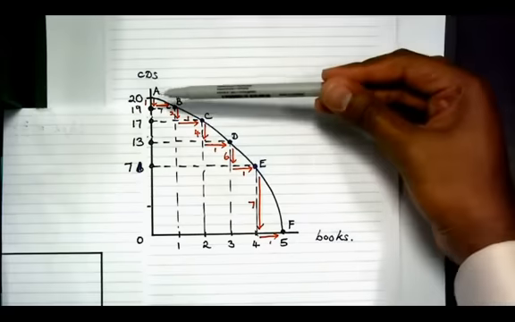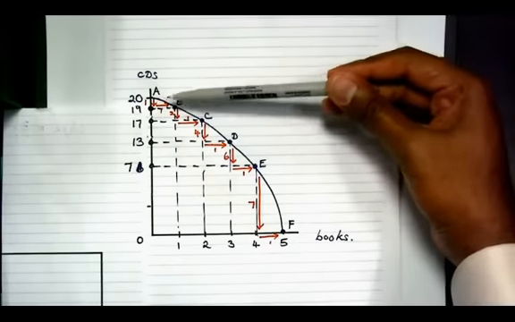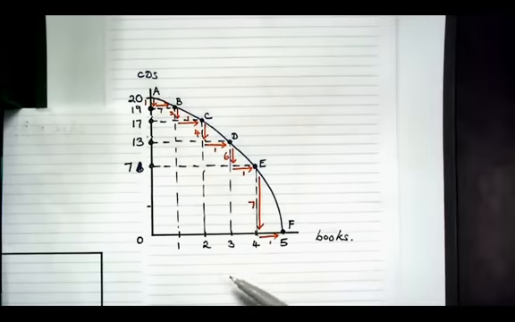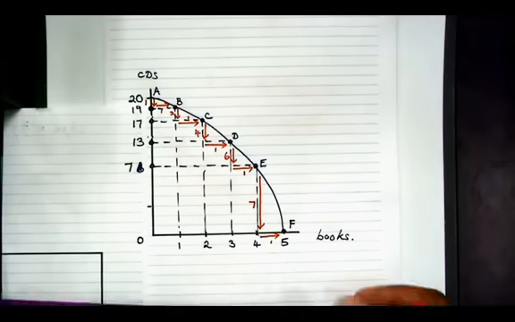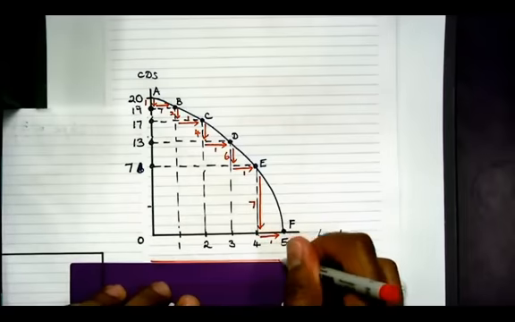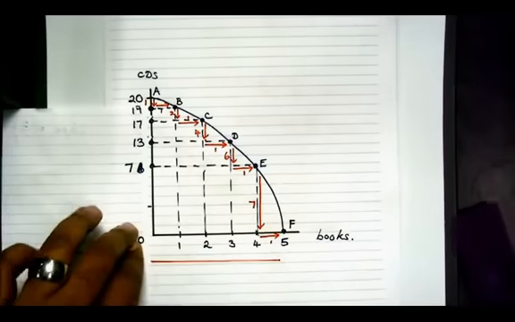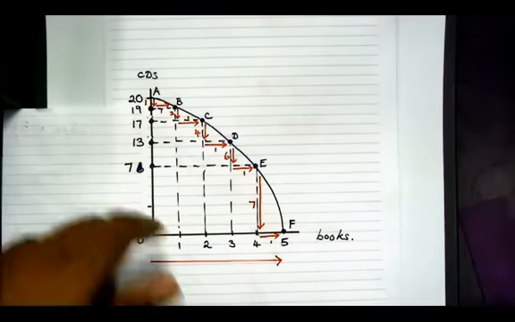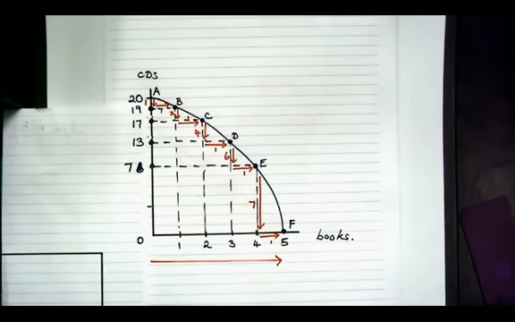Now, what do you notice about the opportunity cost of a book as you move from left to right? Is it still constant? In the previous graph, the opportunity cost of an extra book was always 3.